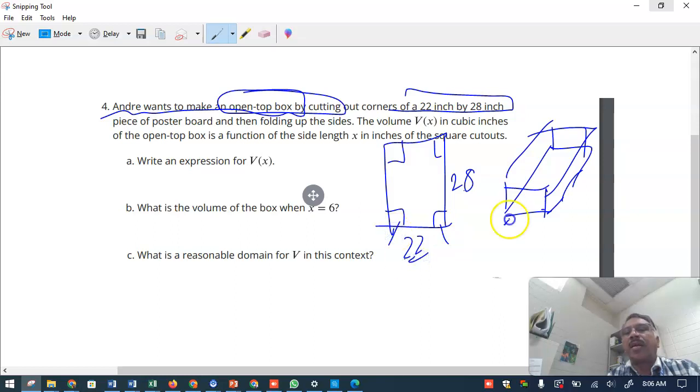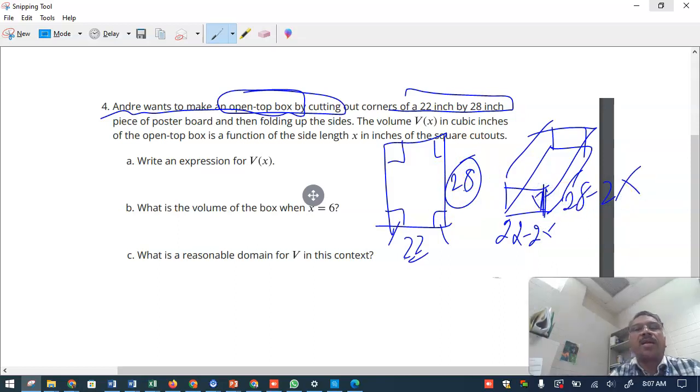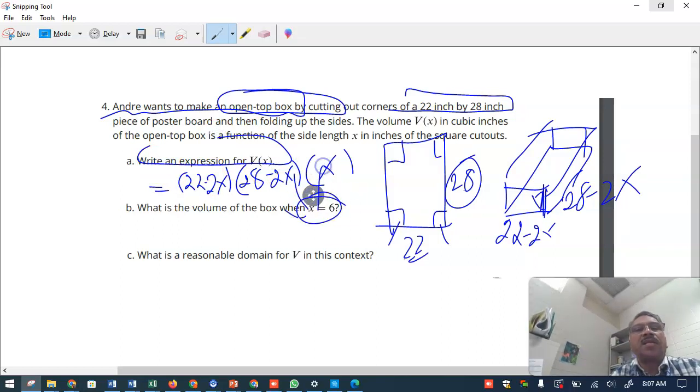From 22 you take away 2x and from 28 you take away 2x, and the height is x. So the length, width and height will be 22 minus 2x, 28 minus 2x, and x. So that's the expression for the volume of the box. And if it is 6, you plug in 6 and get the answer.